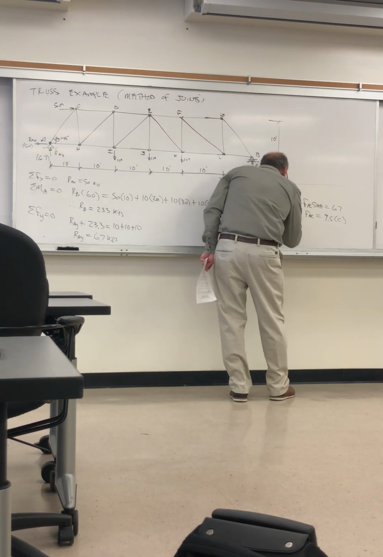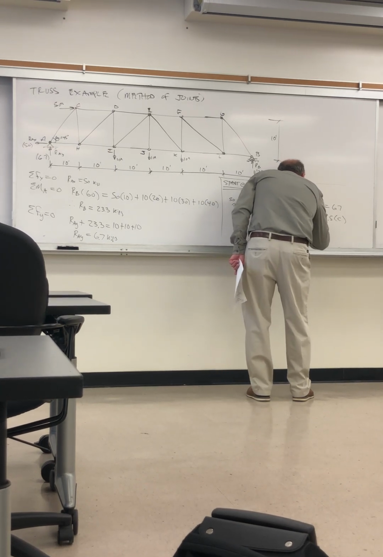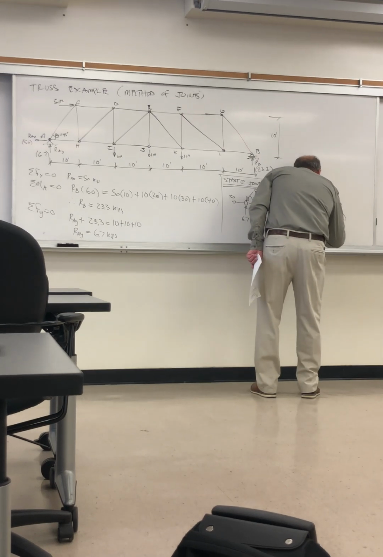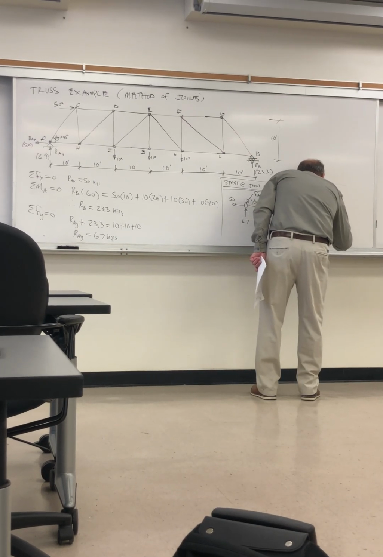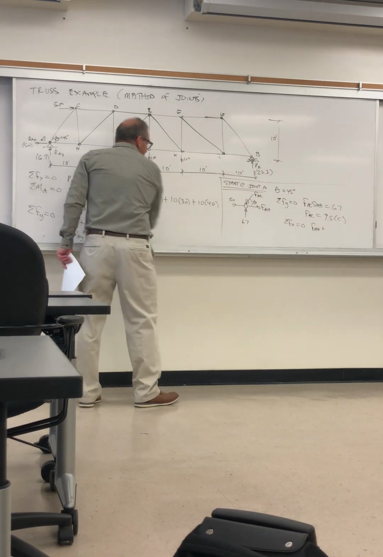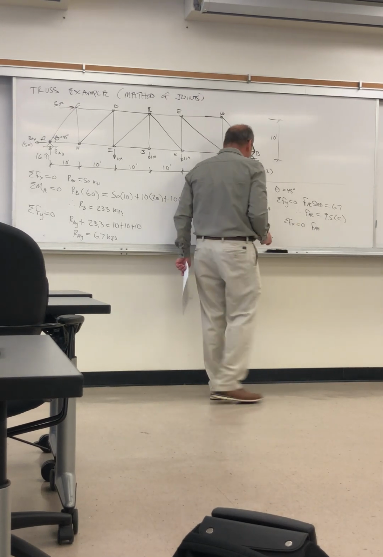And then we have summation of forces in the x is 0. And I can solve for F of AH. F of AH is to the right. The other two forces in the x direction will be to the left.